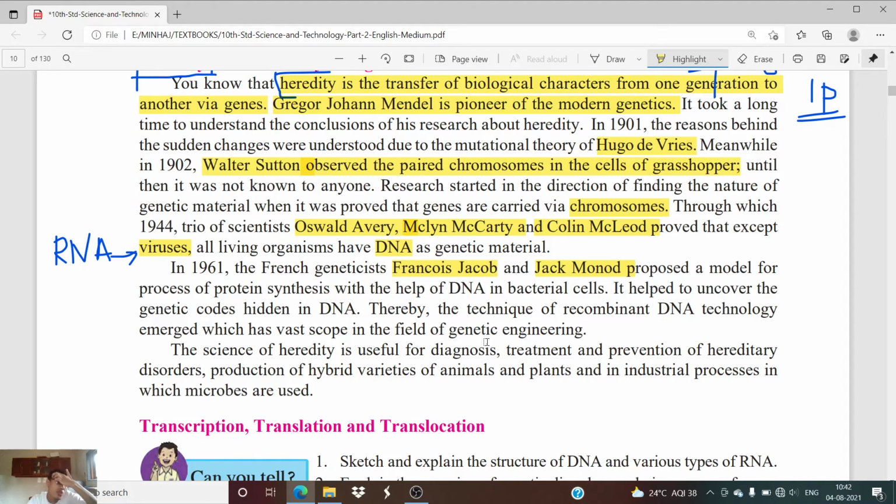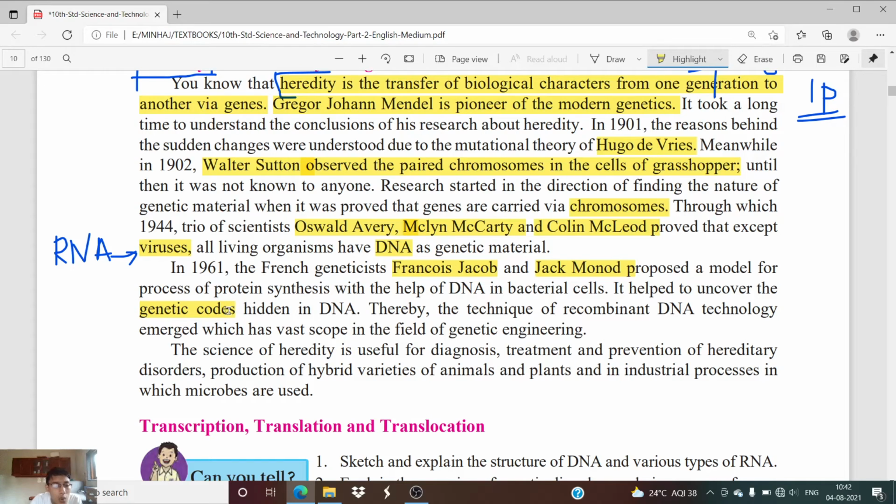They proved that DNA helps in synthesizing proteins, in making proteins for our cells. It helped to uncover genetic codes hidden in DNA. And due to this discovery, the scientists have discovered the genetic codes.